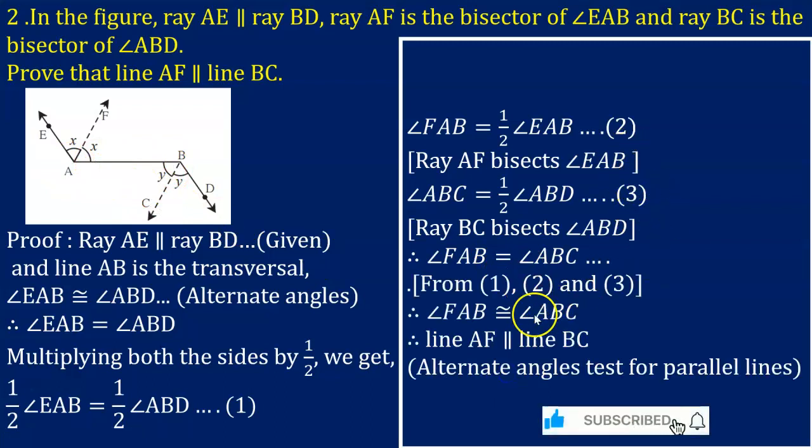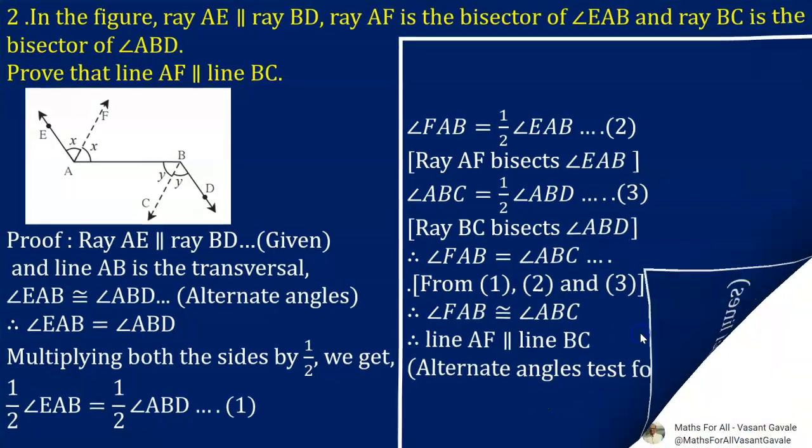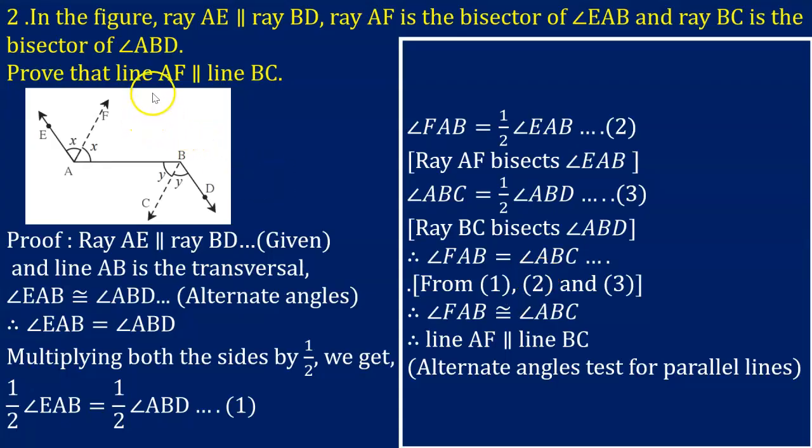This is from 1 to 3, and these are the alternate angles for the lines AF and BC whose transversal is AB. Alternate angles test for the parallel lines. Okay, and in this way we have proved that line AF is parallel to line BC, and in this way we have completed the test on parallel lines.